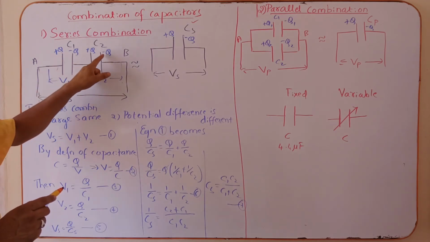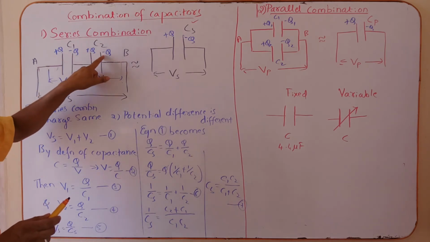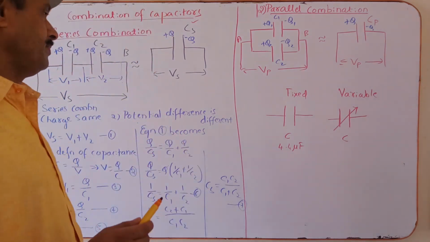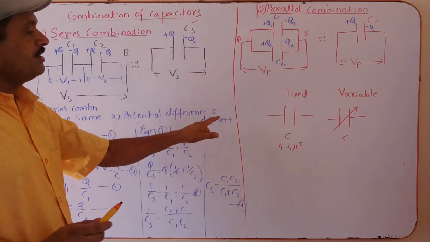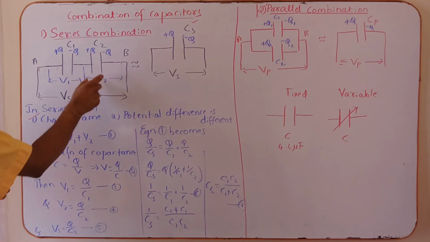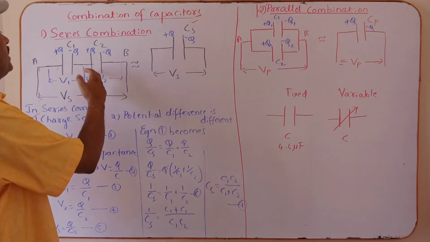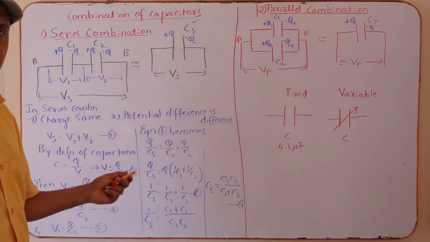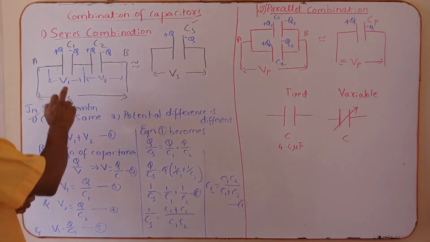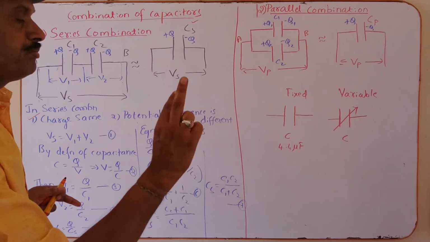Charge on either plate of each capacitor is same. ಅಂದ್ರೆ ಇಲ್ಲಿ +Q ಕೂಲಂಬ್ ಇದ್ರೆ ಇದು -Q, ಇದು +Q -Q. ಎಷ್ಟೇ ಕೆಪಾಸಿಟರ್ ಇರಲಿ, charge on either plate of the capacitor magnitude ಮಾತ್ರ ಸೇಮ್ ಇರುತ್ತೆ. ಎರಡನೇ ಪಾಯಿಂಟ್, potential difference is different. ಅಂದ್ರೆ potential difference ಇದಕ್ಕೆ ಎಷ್ಟು ಡ್ರಾಪ್ ಆಗಿದೆ, ಇದಕ್ಕೆ ಎಷ್ಟು ಡ್ರಾಪ್ ಆಗಿದೆ, ಬೇರೆ ಬೇರೆ ಇರುತ್ತದೆ. ಬೇರೆ ಬೇರೆ capacitors ಇದ್ರೆ ಇದು ಕೂಡ ಬೇರೆ ಬೇರೆ ಇರುತ್ತದೆ. ಸಪೋಸ್ ಅಕಸ್ಮಾತ್ equal capacitors ಇದ್ರೆ ಸೇಮ್ ಇರಬಹುದು, but potential difference across the series combination of capacitors is different. These are the 2 important points.